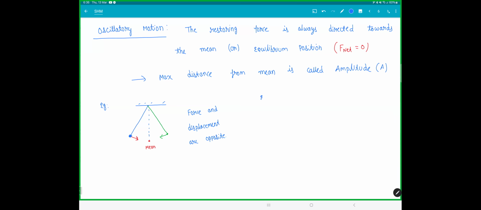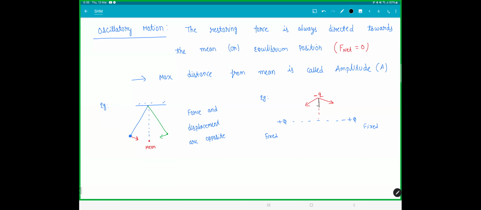Similarly, if I have to give you one more example, we will see later on for small angles, this can be approximated to something called SHM. We will see that later on. But technically, a pendulum is an oscillatory motion. If you have a plus Q charge and another plus Q charge, both are fixed. So from the bisector, if you put a minus Q charge here, this plus Q will attract this and this plus Q will attract this.